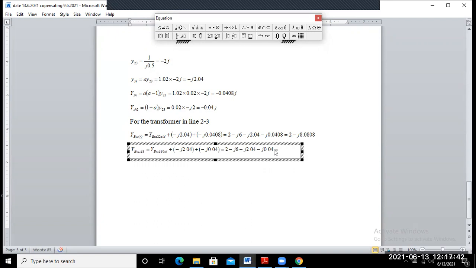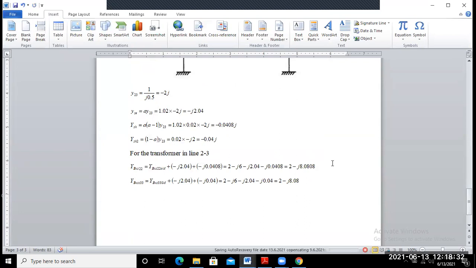Real part and imaginary part: the real part is 2 and the imaginary part is minus j 8.08. Okay.